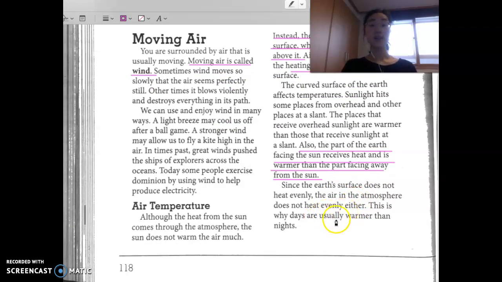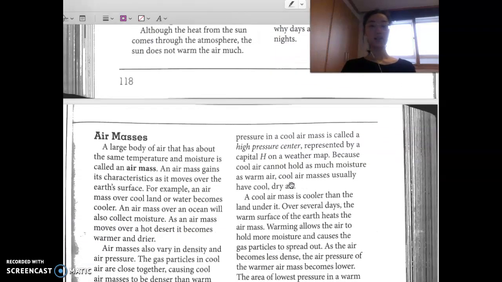This is why days are usually warmer than nights. So explain to me, why are days usually warmer than nighttime? Yep, because the air in the atmosphere does not heat evenly. It depends on the movement and the position of the Earth and sun.